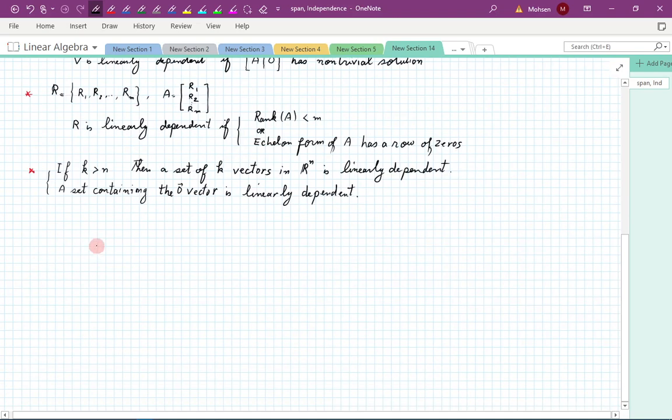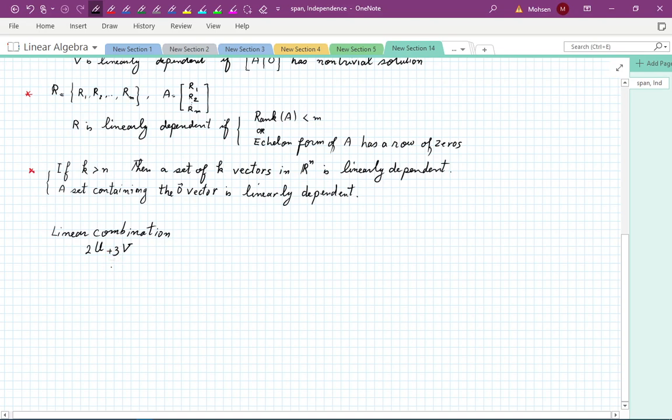For example, if you have two vectors, let's call one of them u and the other one v, and you multiply them by numbers and add or subtract, what you are creating is a linear combination of these two. So for example, 2u plus 3v is an example of a linear combination. It has the two basic operations, addition and scalar multiplication, in it.